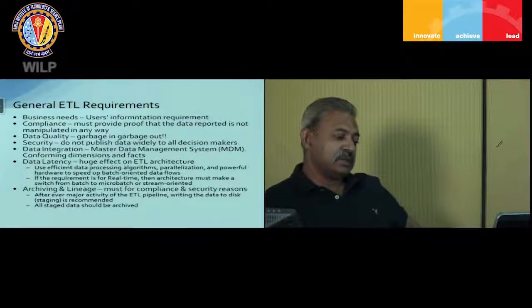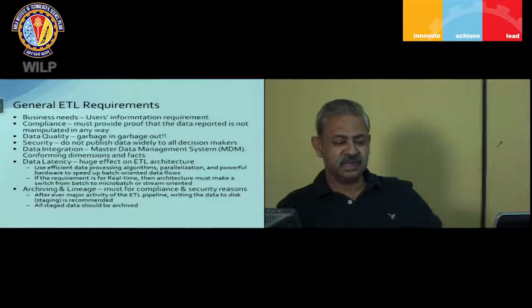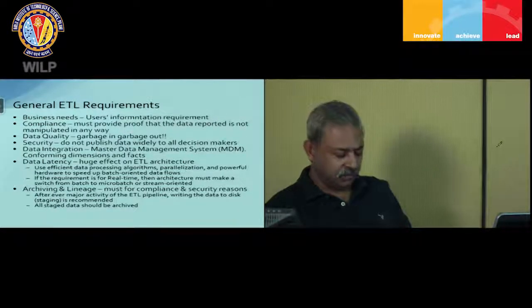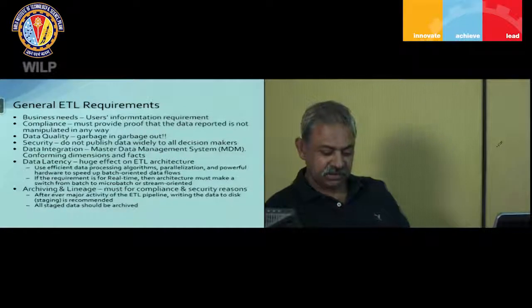And data quality is of utmost importance. So here also, these are slightly conflicting kinds of requirements. One is about data quality. Here we want to make sure that the data that enters the data warehouse is quality data, that is, it is error free and it does not have any kind of problems.